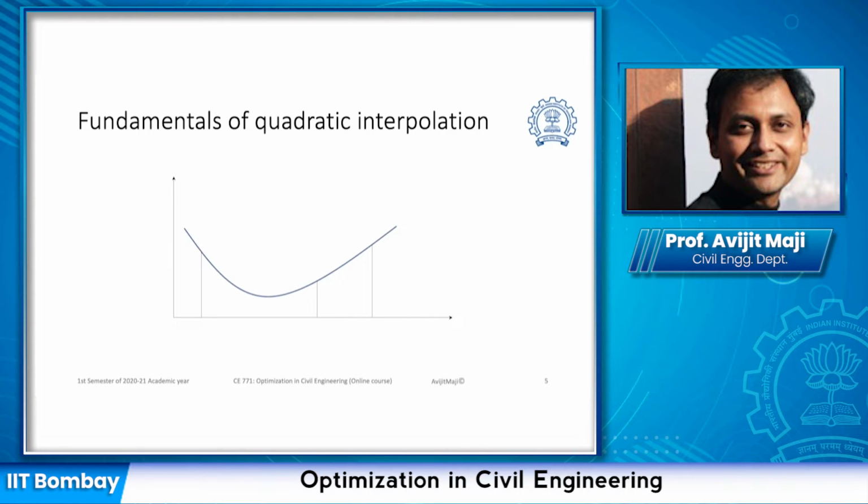If we have a function which can be represented as shown in this image, we can always fit in a quadratic equation which is passing through some known points. Suppose these 3 are the known points, and if we fit in a quadratic equation which is going to be like this, in the quadratic equation we can easily find out the minimum point.